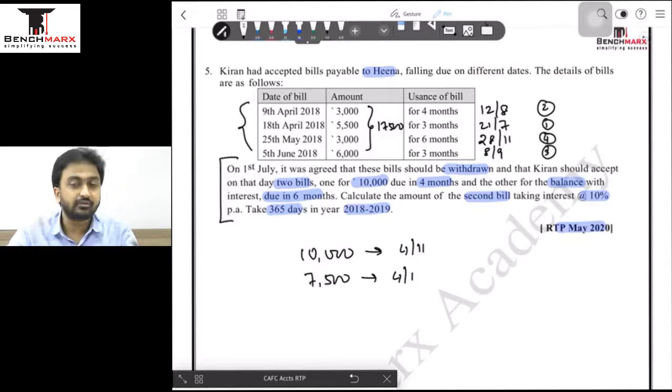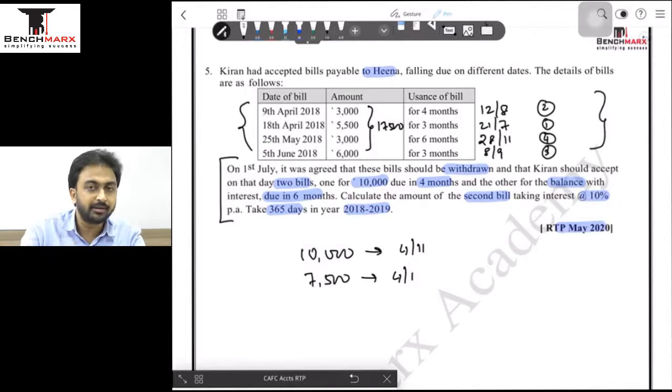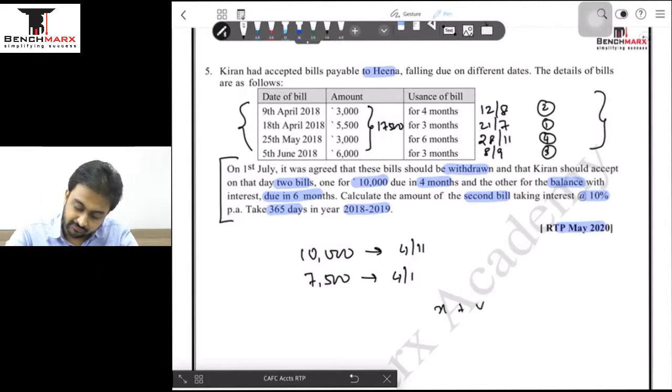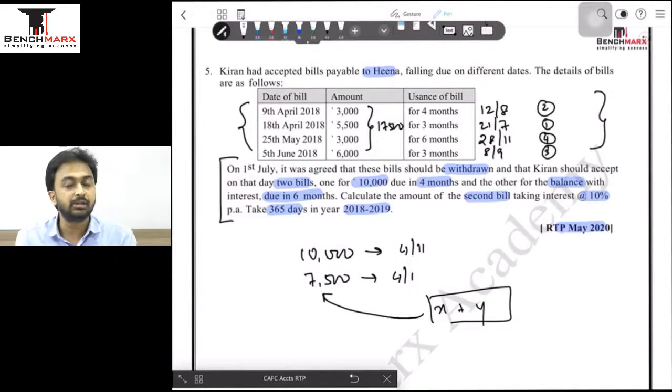Now whatever is the due date that we get from this calculation, 10,000 is going to be paid beyond the due date and 7,500 is also going to be paid beyond the due date. So 10,000 के लिए interest X आएगा, 7,500 के interest Y आएगा, and this X interest and this Y interest will be added to the second bill and a fresh bill will be drawn. ये अपना हो गया concept.